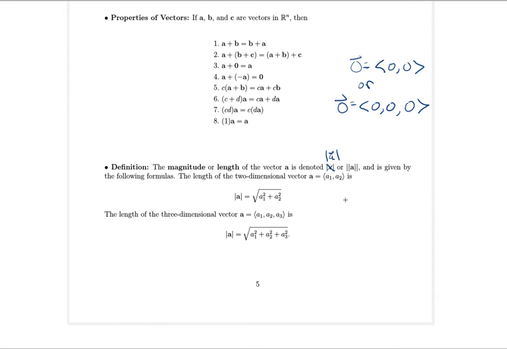So if you have a vector and you go over A1, up A2, if you want to know how long this thing is, then just do the Pythagorean theorem. a squared plus b squared equals c squared. So that's all that we're talking about here. You take the square root to get the magnitude, and then it's the same thing in 3 dimensions.